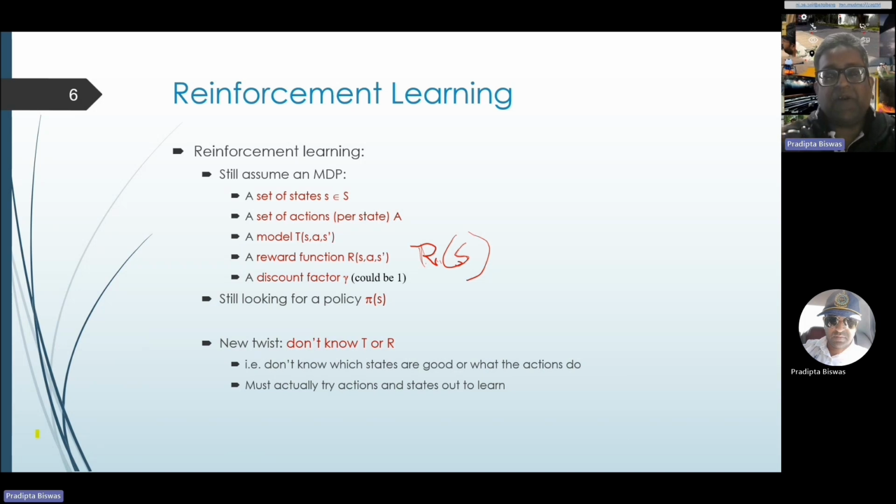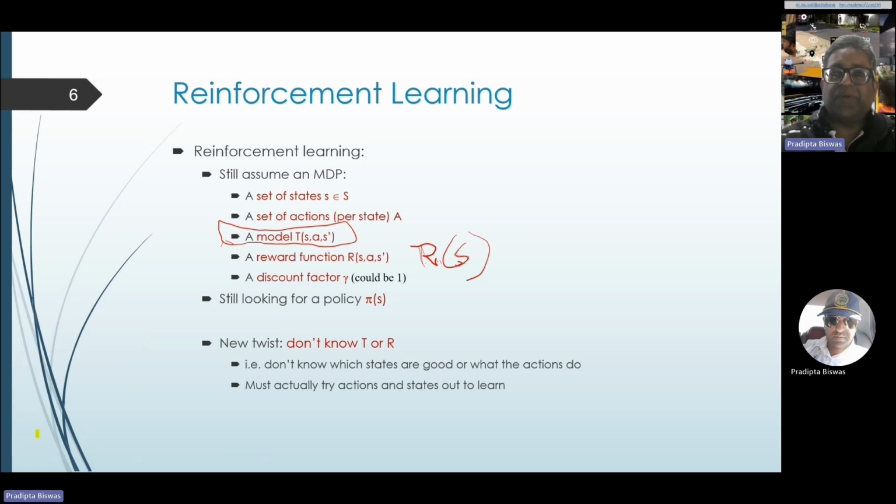Now, the main difference from the value and policy iteration algorithms is that we do not know the model. This is unknown to us. In value and policy iteration algorithms, we assume that we know the model. So you may ask how we make that assumption. But here we will learn how we can estimate that model.